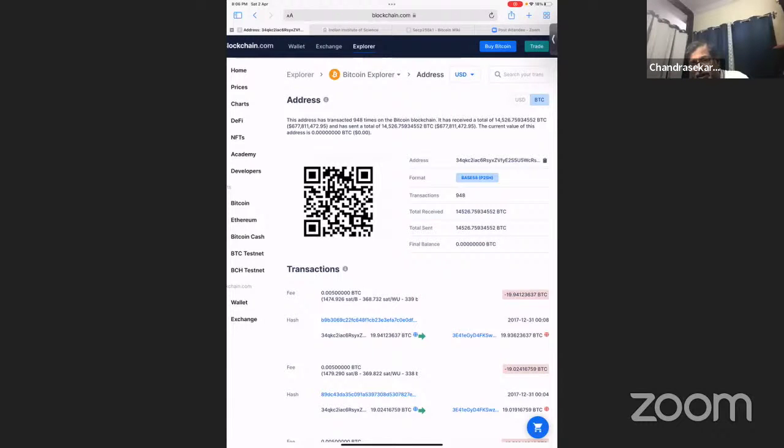He will transfer it to your address. You pay him dollars, and he will transfer you this much. In order to facilitate that, you have exchanges and other administrative setups which connect the user with the miner. On the same website, you can buy and sell Bitcoins.